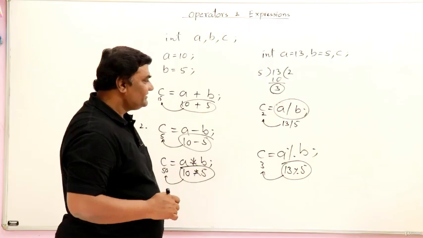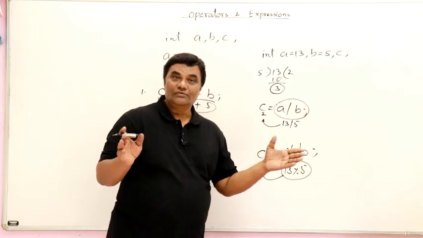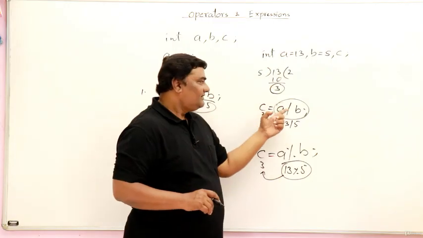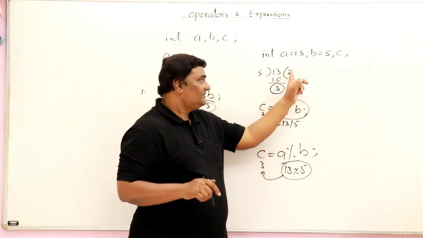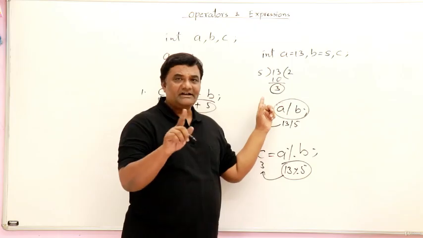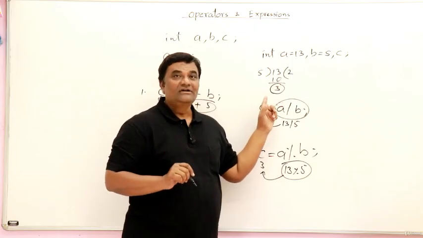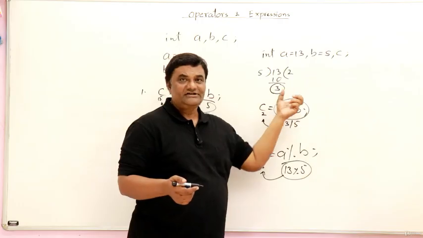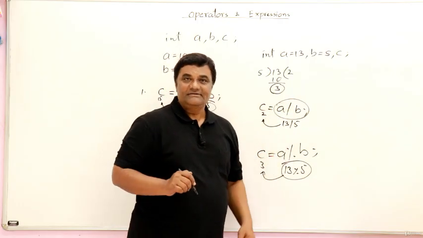So the mod operation gives remainder of 2 numbers. So this difference you should know clearly, that divide gives quotient, and mod gives remainder. Sometimes it's confusing for the students to understand this, but this is very easy. So you should know clearly what is quotient and what is remainder, then you can easily remember this.